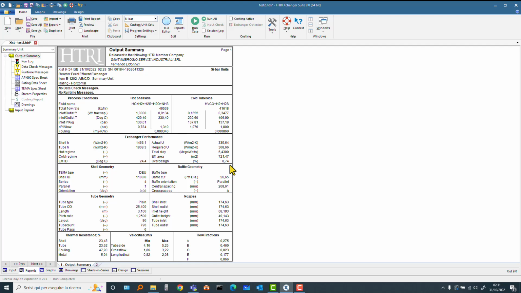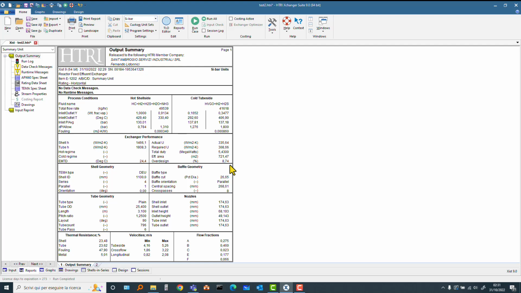Of course, if the baffle and tube sheet layout is made in a certain way, increasing the number of cross passes, with the consequent increase of the velocity, doesn't necessarily mean that you improve the coefficient, because maybe you have increased the velocity, but you have also increased the pressure drops, and so maybe you have decreased the amount of the useful stream.